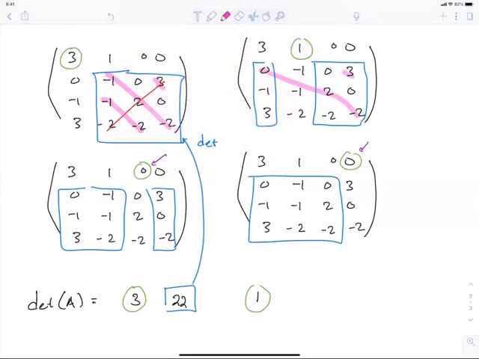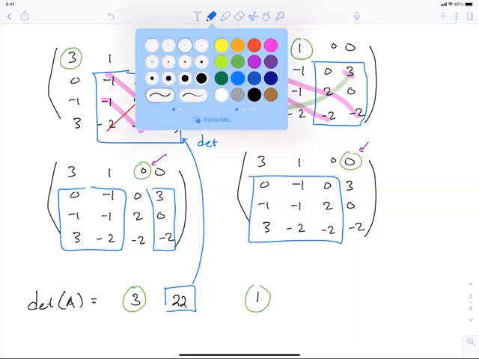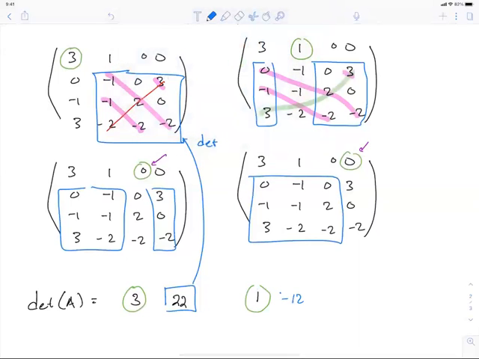And similarly, a 6. Except we also have that one right there. So altogether, that's going to give us minus 12. So this is just the determinant of that matrix right there.